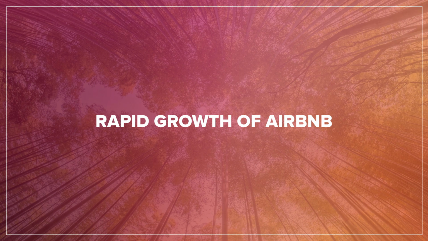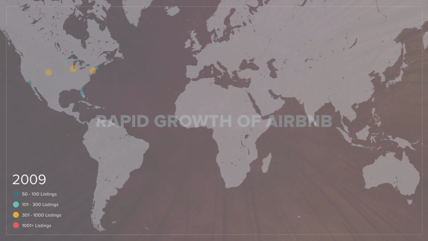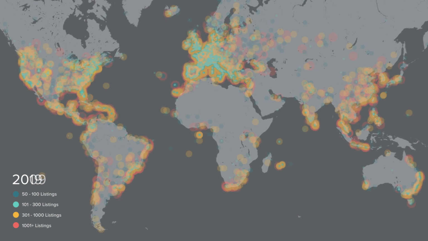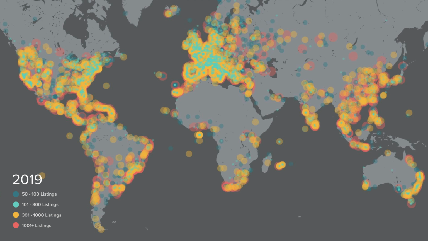One of these problems is actually the rapid growth of Airbnb. Just to put things into perspective, back in 2009 when Nate created a Rails app, there were a couple hundred listings, maybe across the United States, mostly in the major cities, but Airbnb was still a very small company. It was still a startup, scaling. 10 years later, there are Airbnb listings all across the planet.